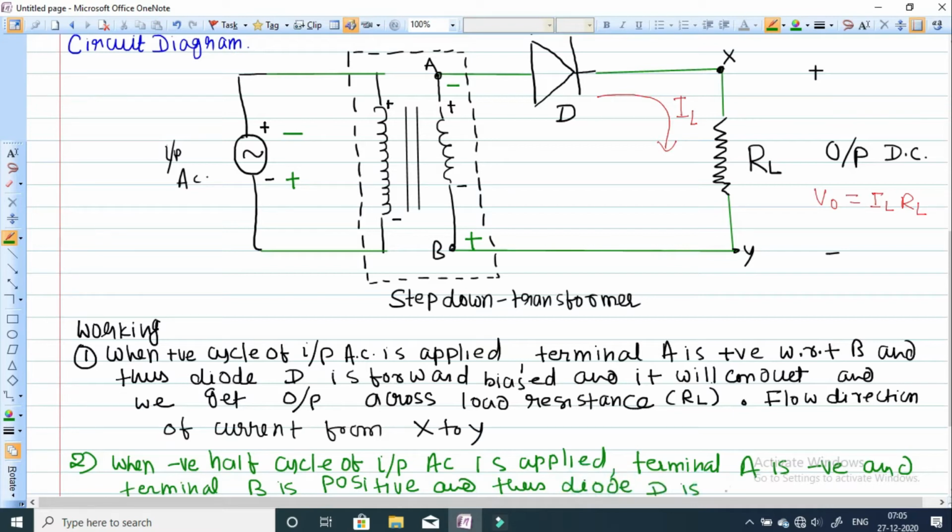We know that if the reverse voltage is less than the reverse breakdown voltage, the diode will not conduct.